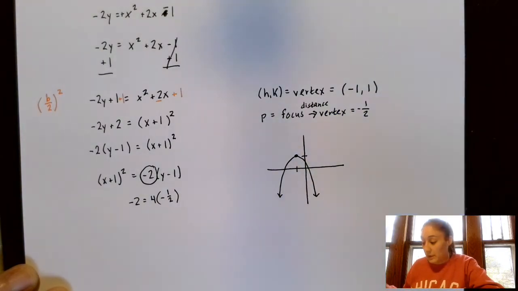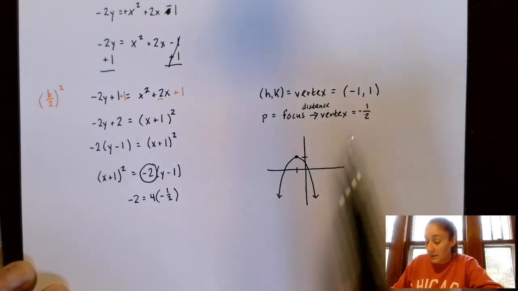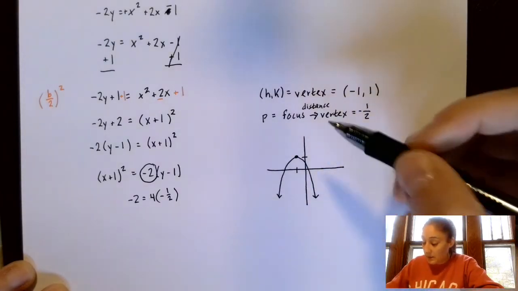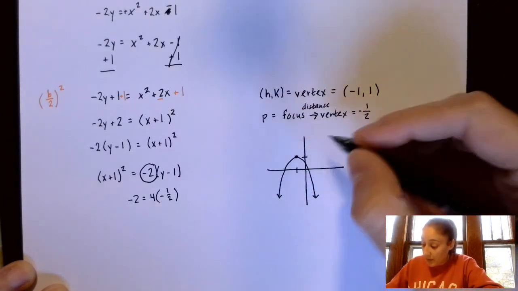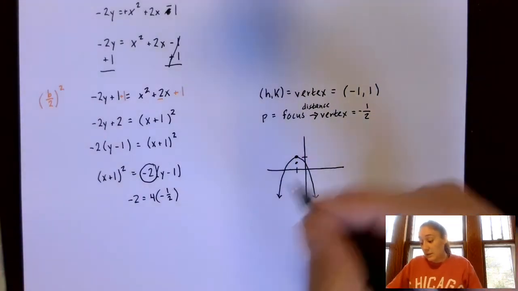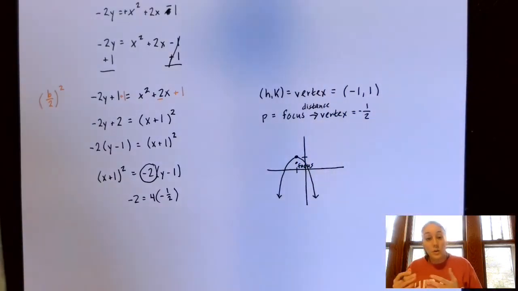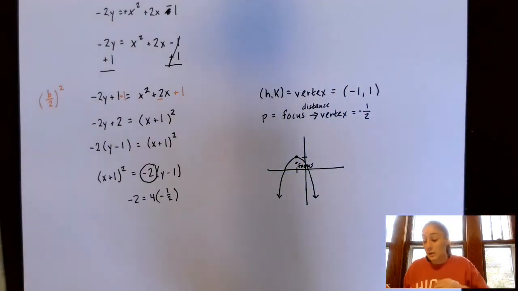Okay, I just kind of made that up. But now what I have is p. p is negative 1/2. That means that from the vertex, if I go down 1/2, well, that is the focus.